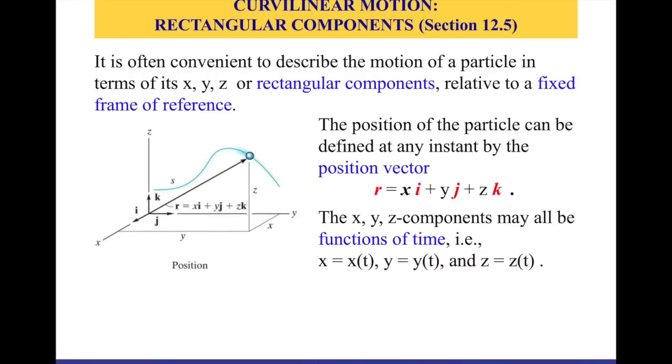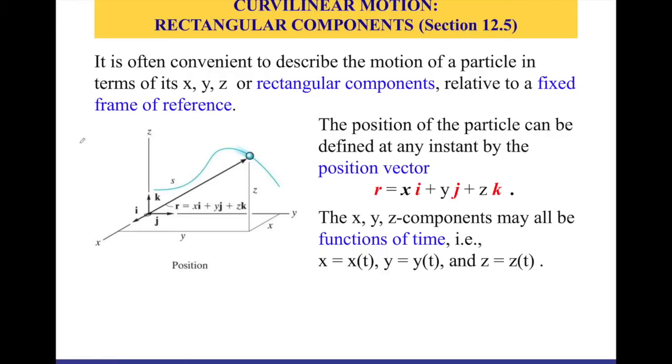If you recall from the beginning of the semester, we did something called the position vector. You refer the position of a particle to an origin point. Let's say here it's 0, 0, 0. Let me change the color of my pen so that we can see it clearly.